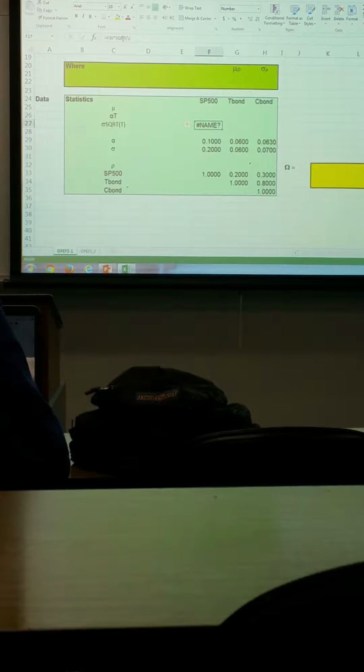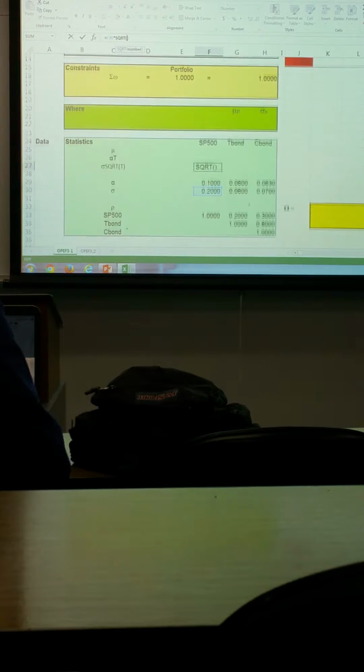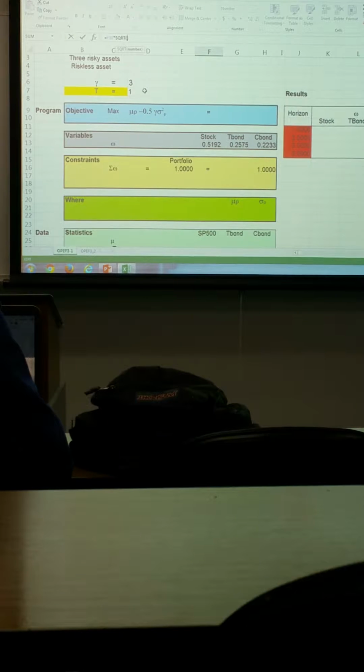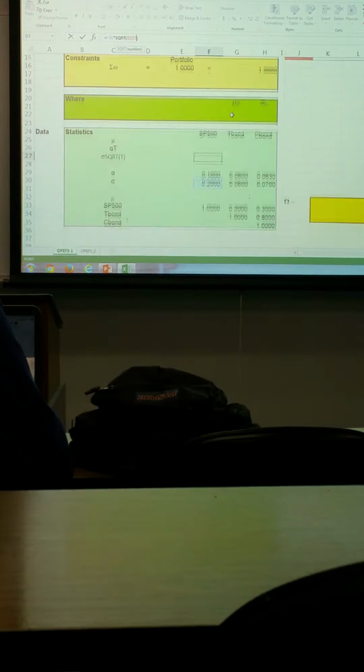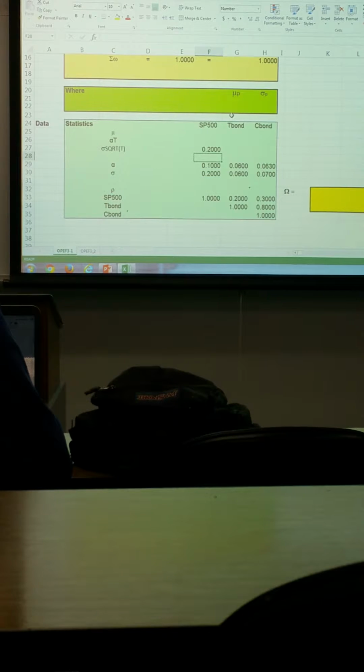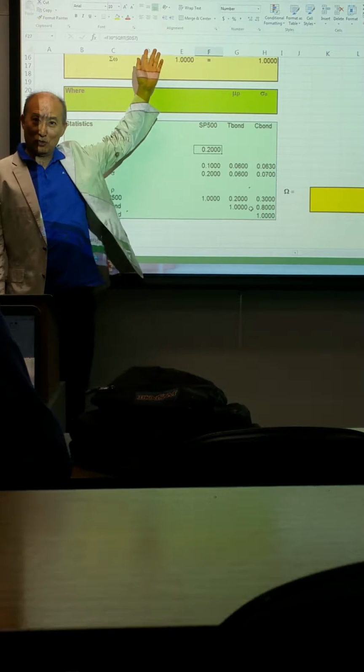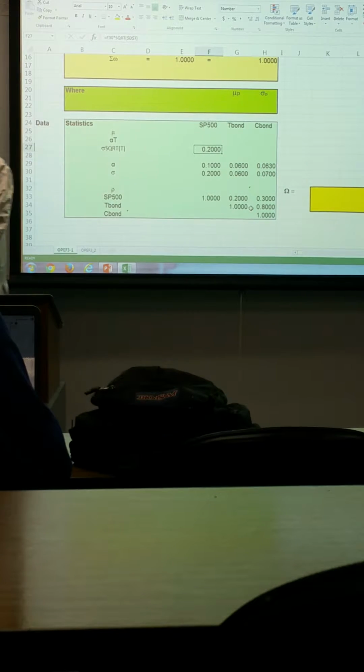Which one is it? Square root of E7. Of course, it's supposed to be the same, right? Because we assume T is equal to 1. Okay, then I can simply copy it.